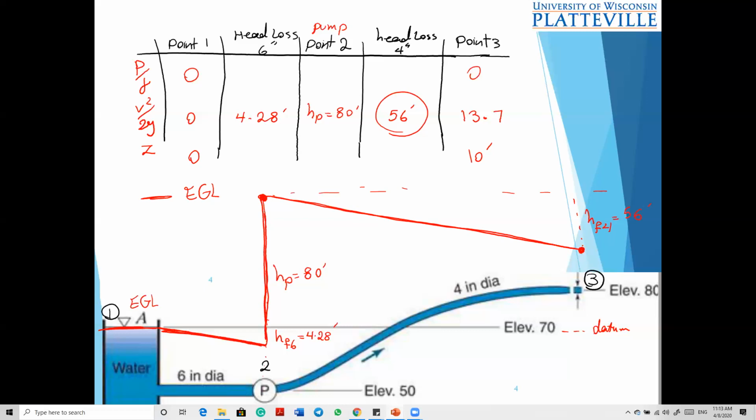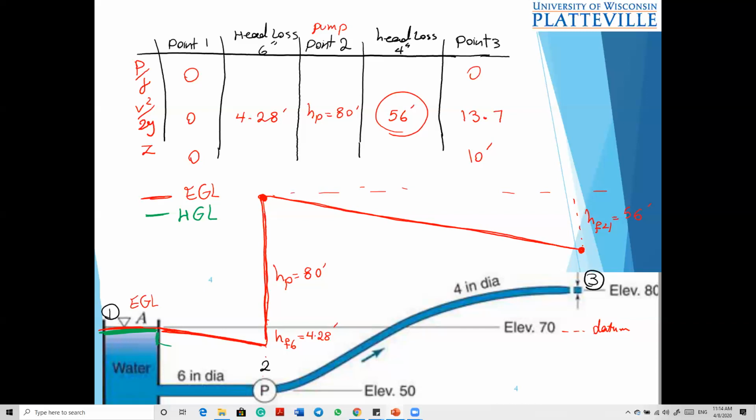Let's see how to draw the hydraulic grade line. Okay, so let's say this color is for the hydraulic grade line. At the first point, everything is 0 and the hydraulic grade line is in the same place. After that, the difference between the energy line and the hydraulic grade line is just velocity head.